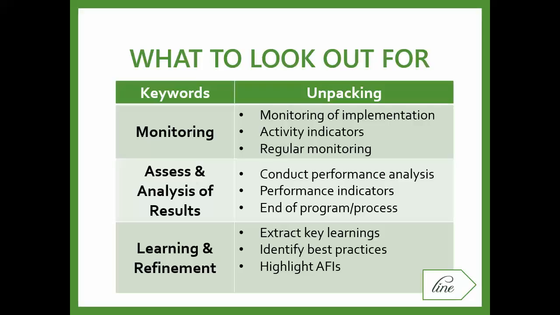Here you need to use a series of performance indicators, and typically you do this at the end of the program or process. And finally, the learning and refinement. You should be able to extract the key learnings, identify the best practices, as well as highlight what are some improvement opportunities. So there you have it, the key things to look out for when you are conducting an evaluation.